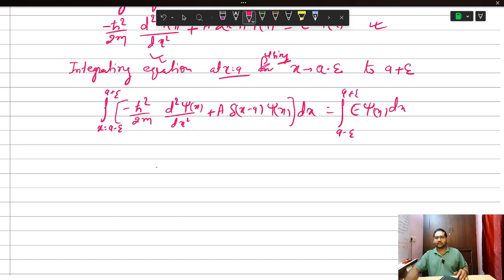Now just integrate it by parts. First integrate the first part on the left side, then we will integrate the second part, then we will go to the right hand side.